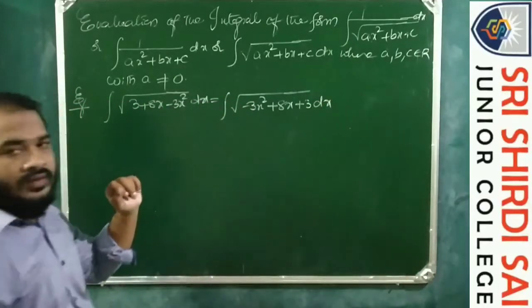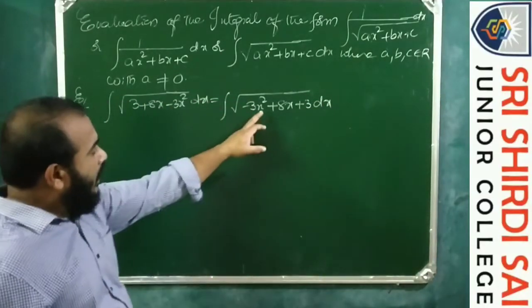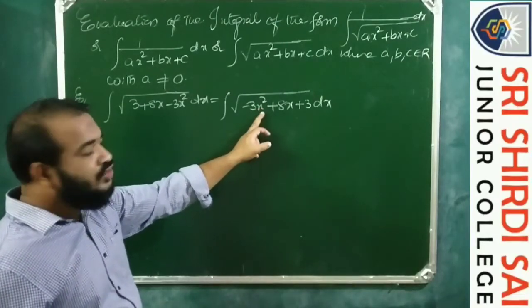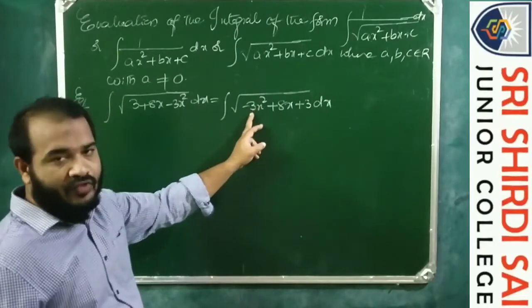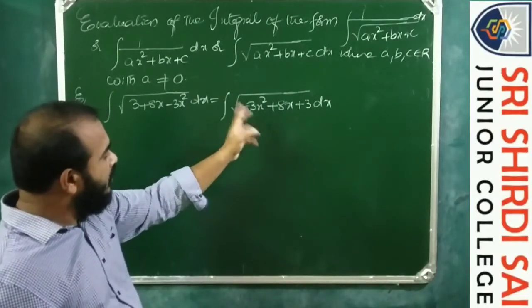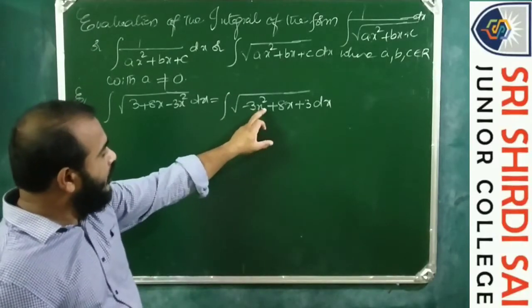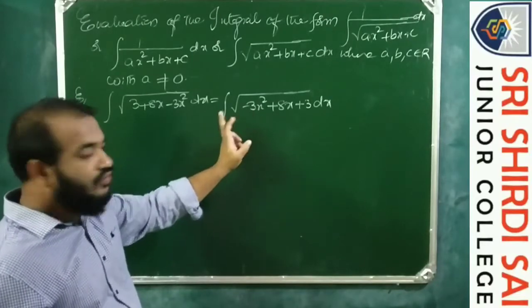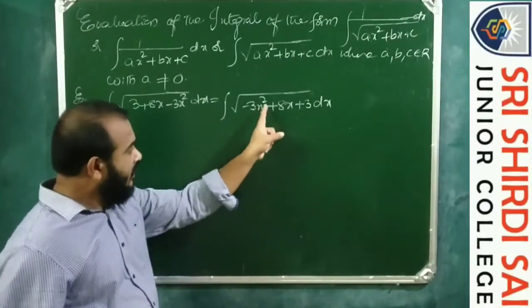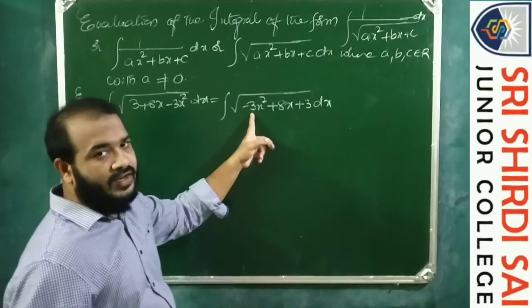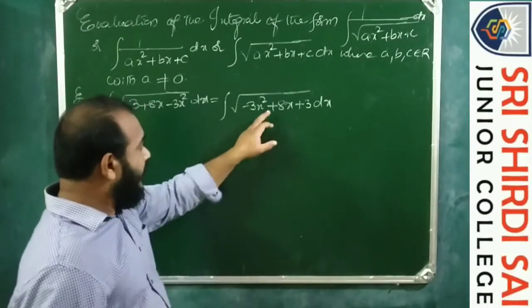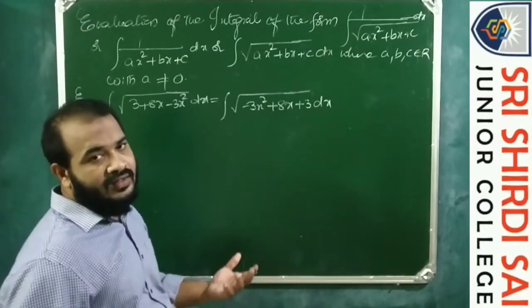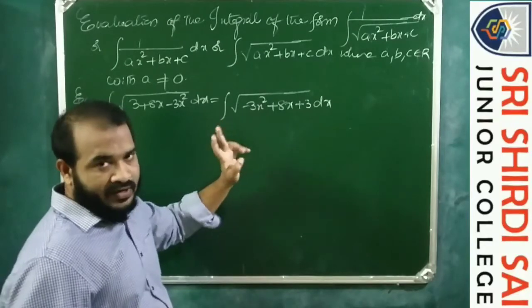After this, the x square sign should be positive, and the x square coefficient should be 1. Here the x square sign is negative, so taking the negative common, the x square sign will automatically be positive. That is point number 1. And the x square coefficient is 3 here, so if you take 3 as common, then we will get the x square coefficient to be 1.